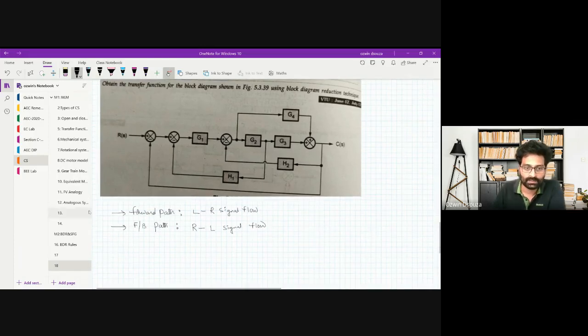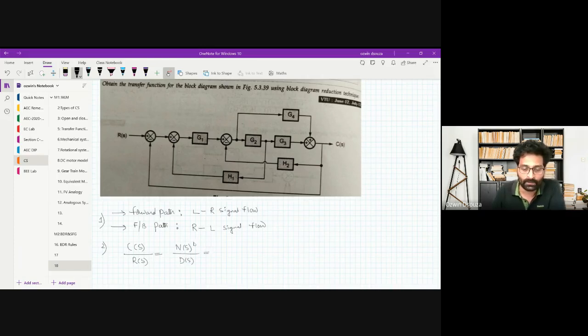The next thing you have to understand is the numerator factor and the denominator factor of your transfer function. Your transfer function is given by C of s by R of s, which will have some numerator factor N of s and some denominator factor D of s.